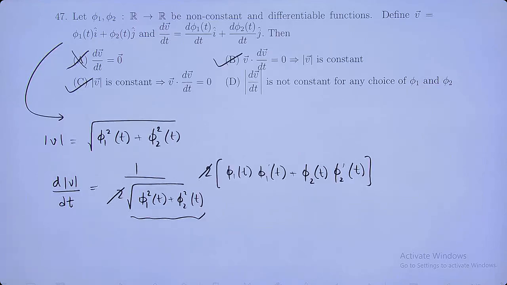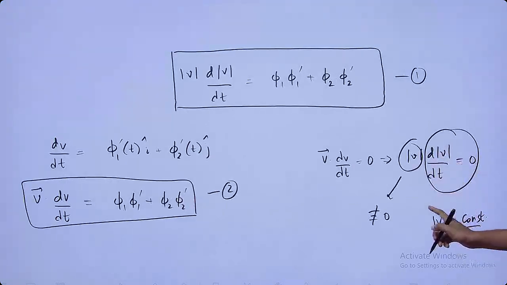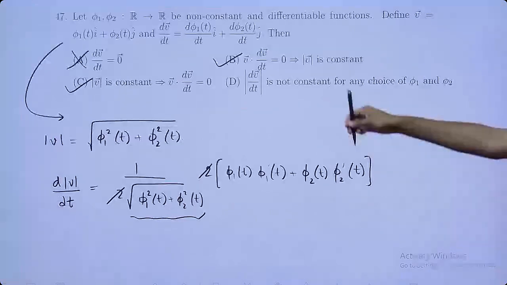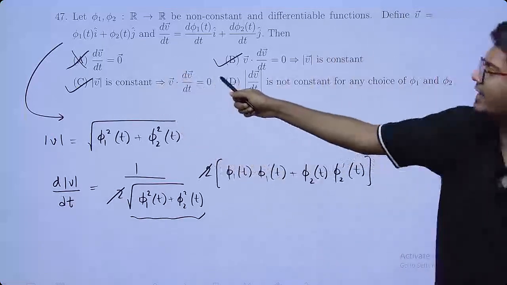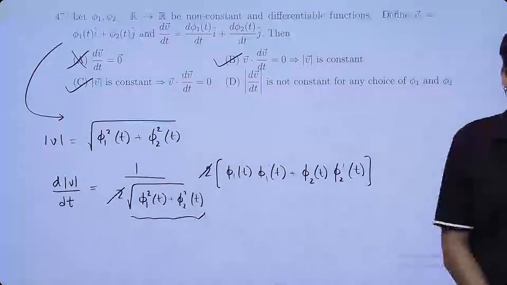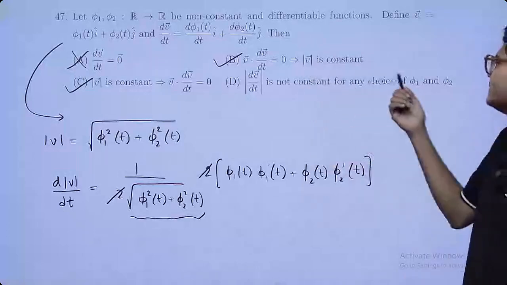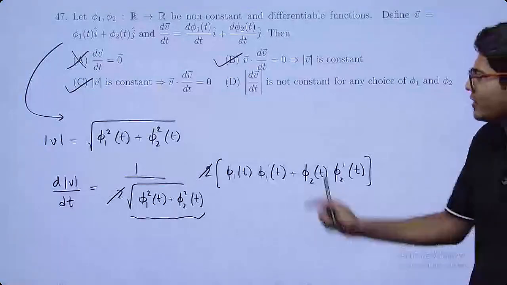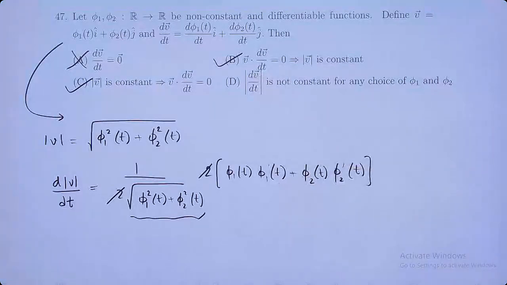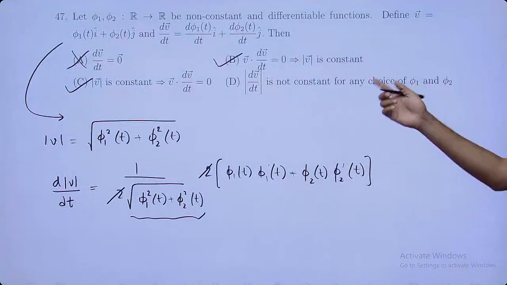See, if I choose my velocity to be a constant, then that derivative will actually just be 0. If this is a constant, this dot product turns out to be 0. V can't be 0, which means this derivative has to be 0, right? So it can't be non-constant for any choice of phi1 and phi2. For some choice of V, this actually turns out to be a constant, and that constant is 0. So option D is also incorrect. Okay? So the right answers are options B and C.